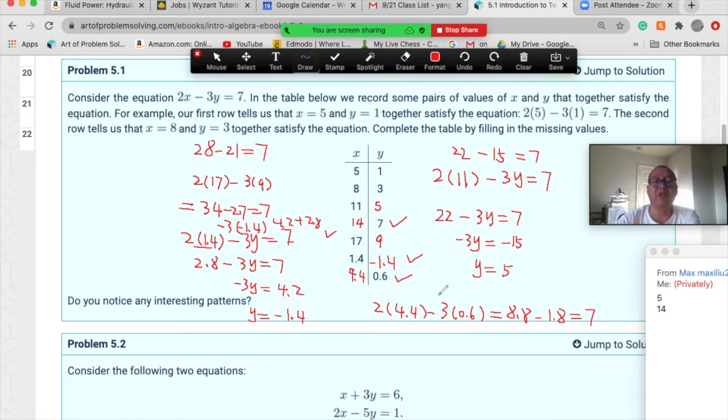Okay, so from this example, we learned 2 things. One, a lot of solutions satisfy this equation, right? This one is not the same as what we learned for the single variable linear equation. Remember that one, usually we can get only one solution. Sometimes it has no solution, sometimes it has infinite solutions.